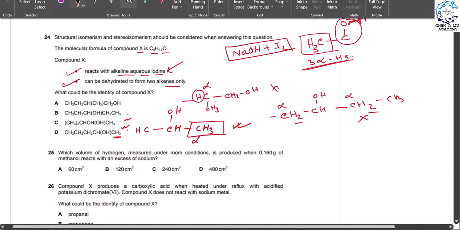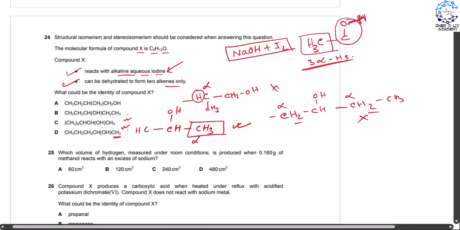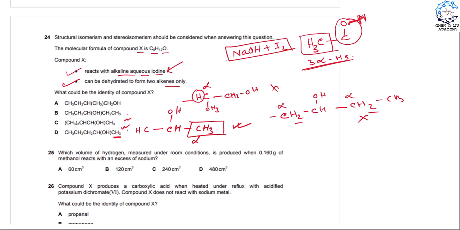How is it going to prove it? The second point says it can be dehydrated to form two alkenes only. So let's see how it is going to be dehydrated.